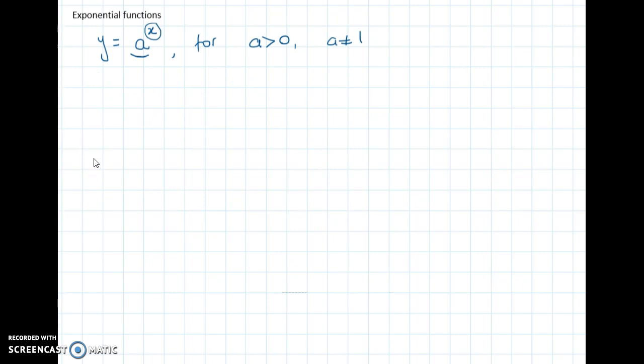So once we agree that our base is going to be a positive number and different from 1, let's check that we actually know what it means when we say a to the power of x. And there are different cases over here. If we are talking about x being a natural number that is greater or equal than 1, for instance, a to the power of 15 or a to the power of 100, what we're saying here is that we need to multiply a by itself as many times as the exponent, so x times.